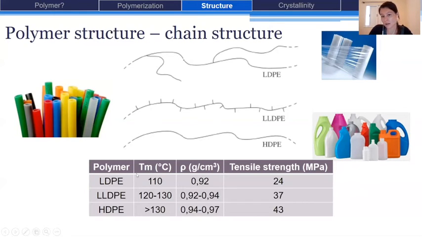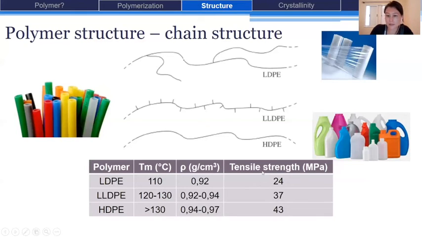You can see that there is an increase of the melting temperature of polyethylene depending on the chain structure. It increases from LDPE, LLDPE, to HDPE. The density is also increasing when we decrease the size of the side branches and increase the molecular weight.